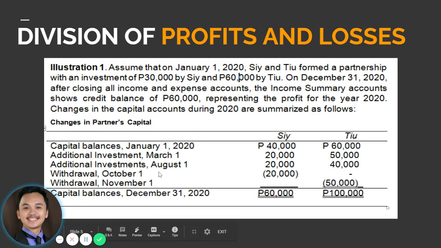We should not be confused about what beginning capital balance and original capital balance are. Original capital balance is really the original capital they have invested on the first date or on the formation of the partnership. It means the balances of their investment made on the formation of the partnership, while beginning capital balance refers to the beginning balance of a particular year.